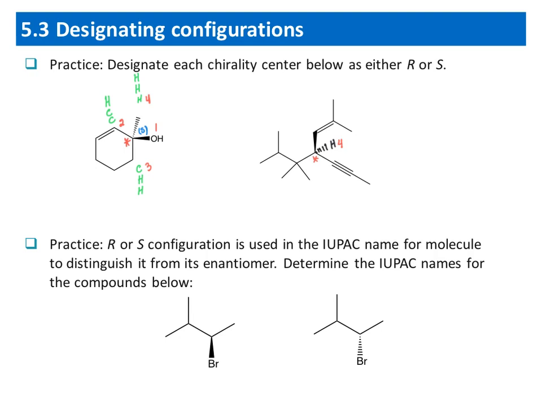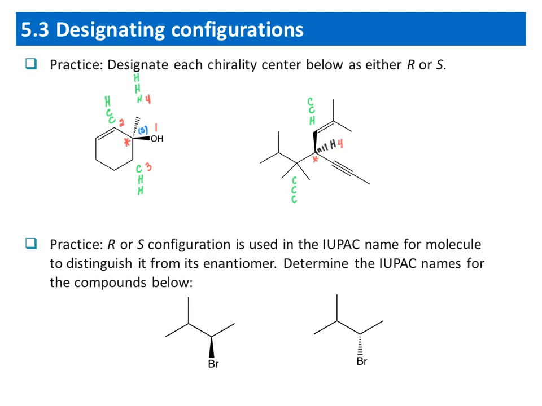So this carbon is connected to 1 carbon, 2, and 3 carbons. If you look at this carbon, it is connected to the hydrogen and 2 carbons because we have a double bond, so we count it twice. And this one is connected to 1, 2, 3 carbons.